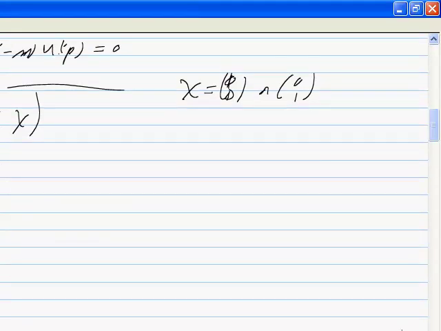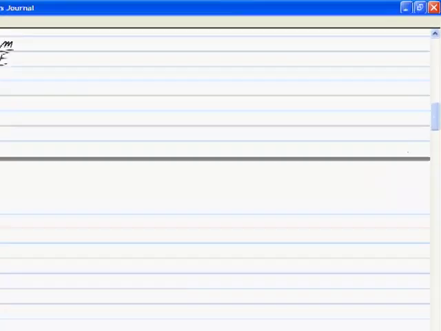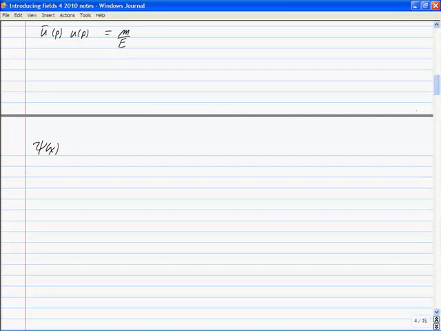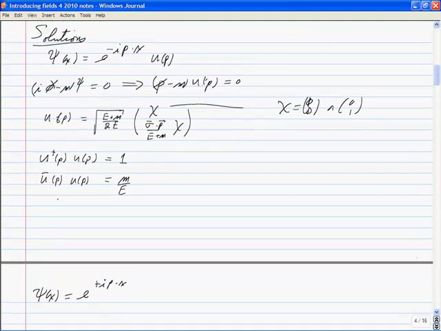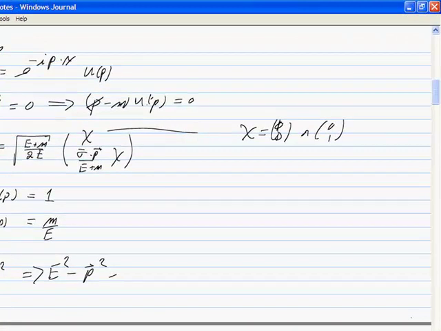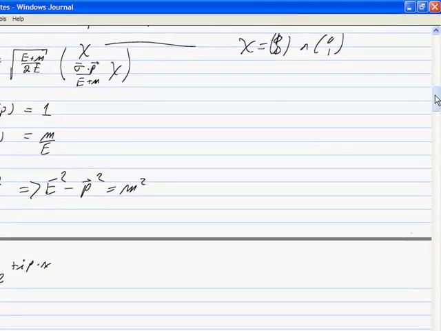Okay. The other solution is if I take psi of x to be e to the plus i p dot x. Actually, I should also say here that in this solution, p squared equals m squared. That's the typical thing, e squared minus p vector squared, the usual relation.